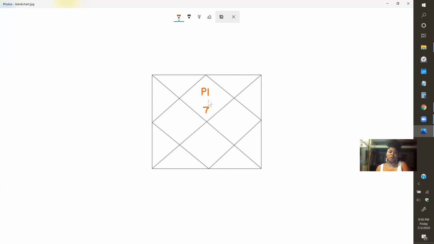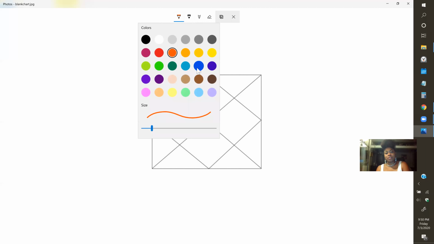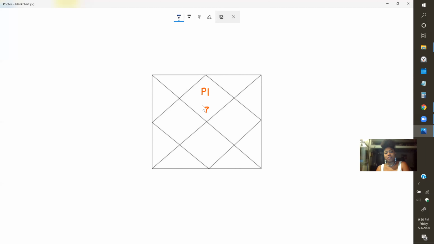But what does the sign mean? We know that the house is the area of life. So now we need to understand that the sign is the personality. Anyway, the house is the area of life, and the sign is the personality.